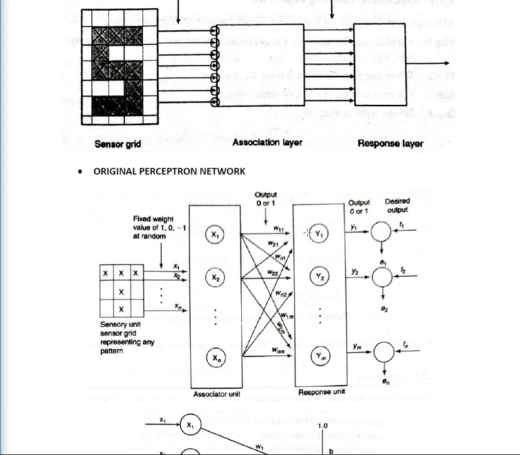Every node is connected together with its weight, which is 0 and 1. From the input side a weight is shown, and on the output side also a weight is shown, between these nodes. That's how the output is produced.